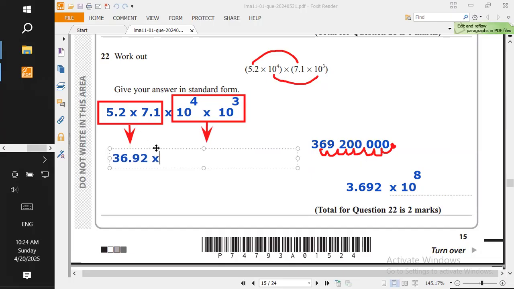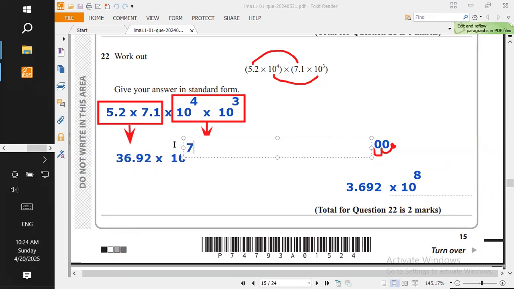I write it here, and then times. Now, 10 power of 4 times 10 power of 3 is going to be 10 power of 7. Now, as we can see, this number here is not in standard form. It means I have to make it standard by moving the decimal point, same idea as we did before. The decimal point was here.